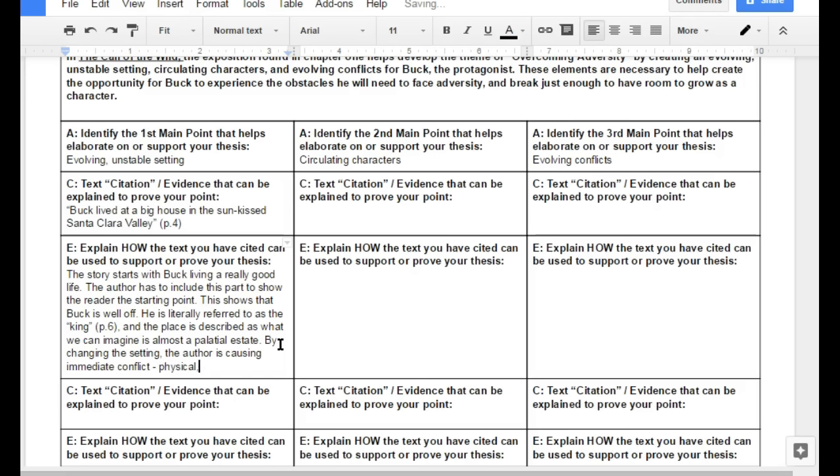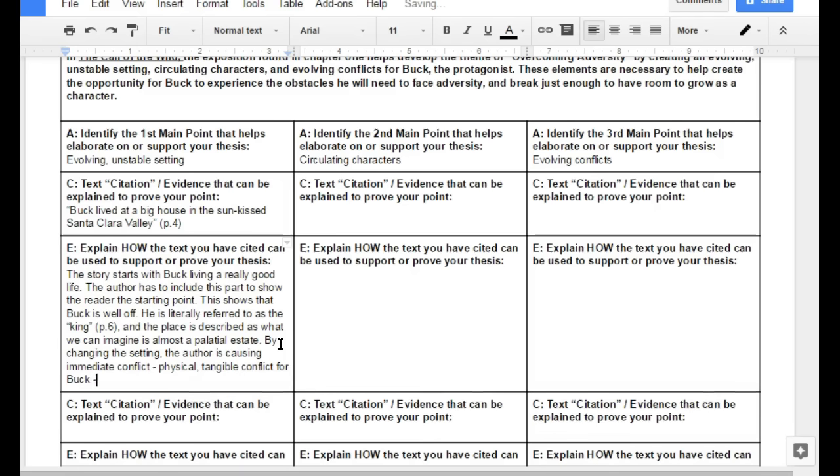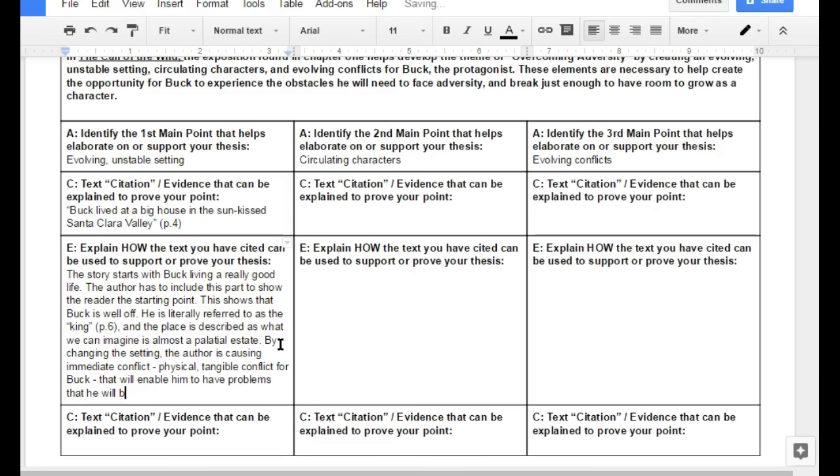Physical, tangible conflict for Buck that will enable him to have problems that he will need to overcome.